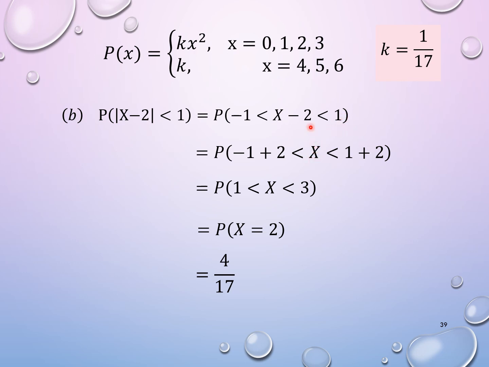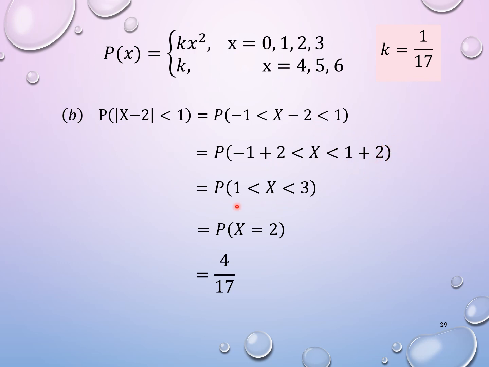Now we want to make x a single x in the middle. So the negative 2, you bring it outside, to the left and to the right: you get plus 2 on each side.